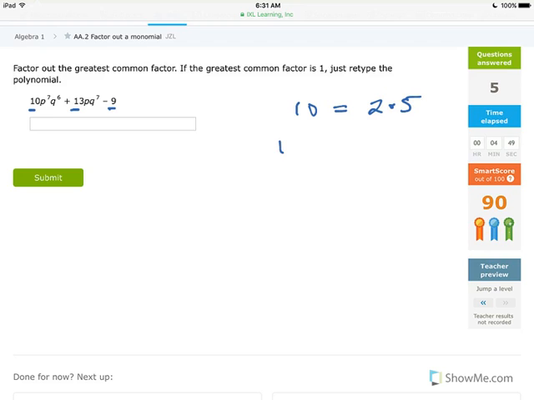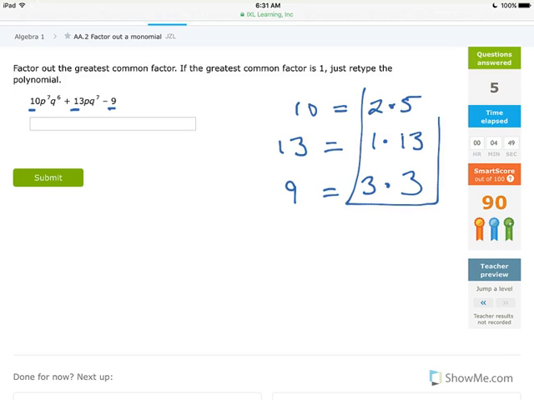We know a 13 is a 1 and a 13. It doesn't really break down any further. It's a prime number. And we know a 9 is a 3 and a 3. So they really don't have any numerical values in common except for a factor of 1. So we can't take out any common numerical values.